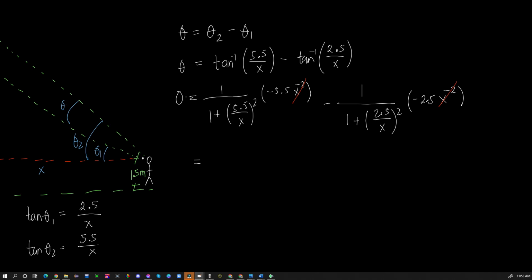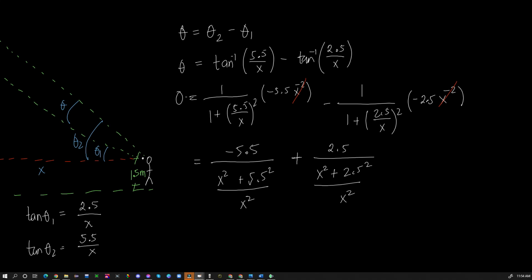Next, i-rewrite na to siya. We have negative 5.5 over x squared plus 5.5 squared over x squared, plus 2.5 over x squared plus 2.5 squared over x squared. Okay, then cancel na to. Pwede man na siya masaka, nag-exist man siya both sides.